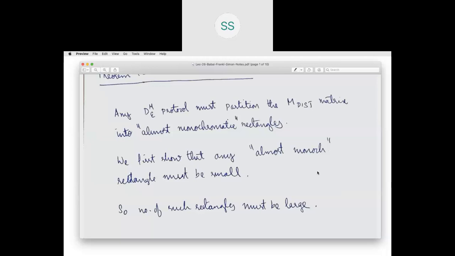Since each of these rectangles must be small, any protocol must have a large number of rectangles, and therefore the complexity of the protocol must also be large. That gives us a lower bound. Today we'll not see the entire proof of the lemma; we'll skip some details which we'll see in the next lecture. The lemma states that any almost monochromatic rectangle must be small.